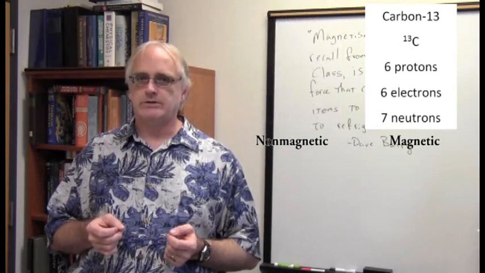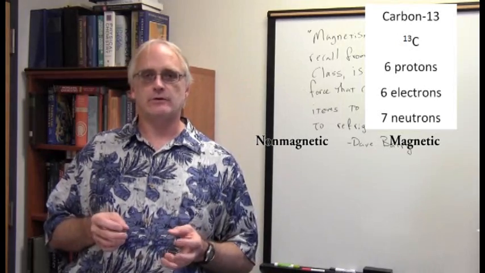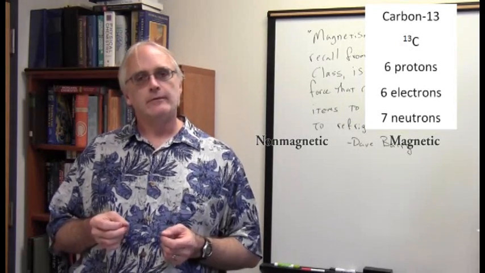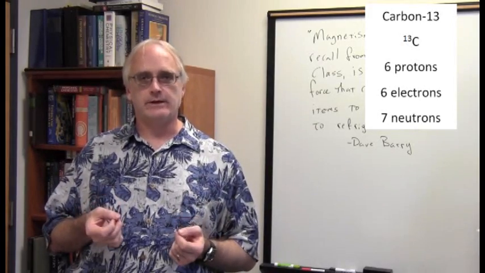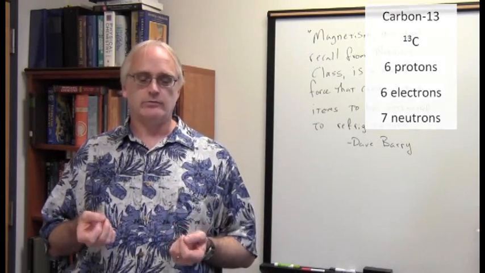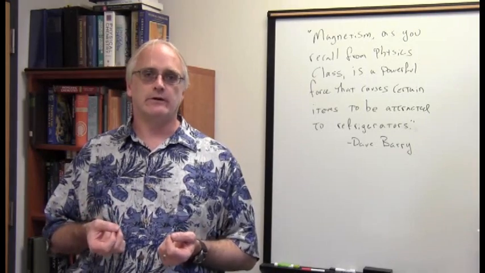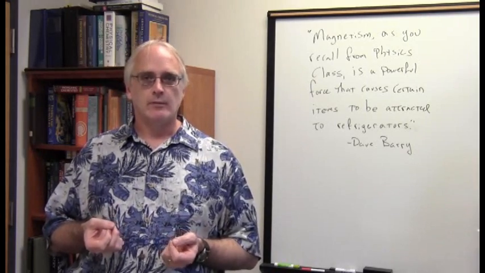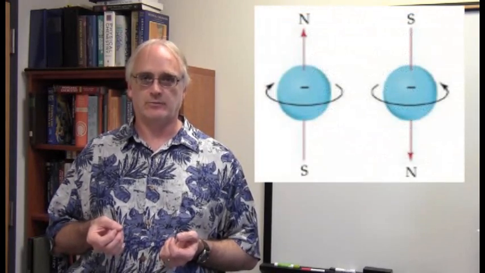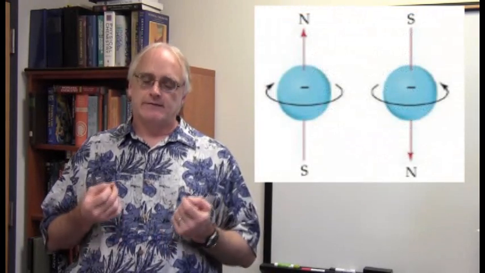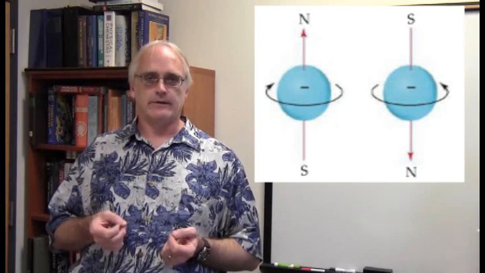It's an indication that we have something similar to what happens with the electrons. Remember, electrons are charged particles. They are spinning. Each electron spin can generate a magnetic field, but most matter is non-magnetic because those electrons are spin paired. Something similar must be going on in the nucleus as well.